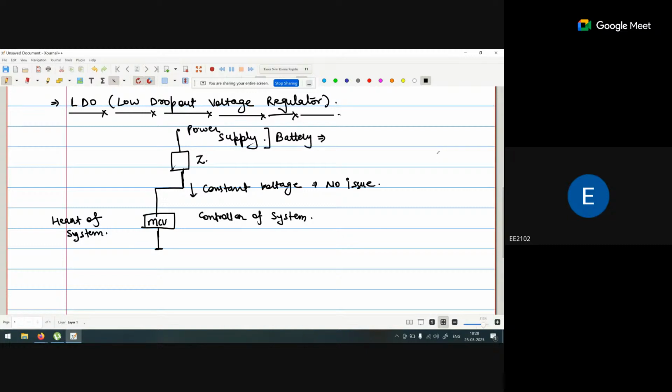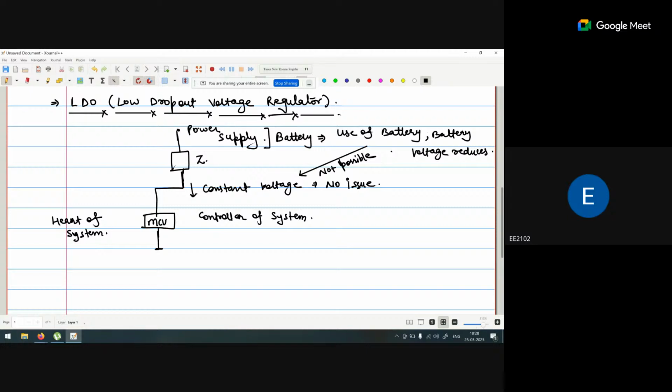And with the use of the battery, the battery voltage reduces. If battery voltage reduces, constant voltage is not possible.